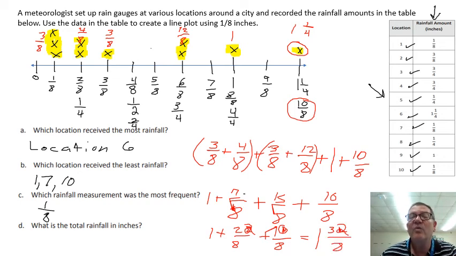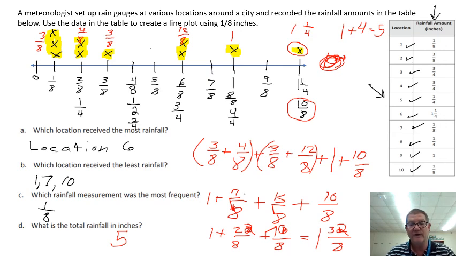Now we know 1 whole and 32/8, so 32 eighths. I know 8 will go into 32 4 times, because 8 times 4 is 32. So in all actuality, we have 1 plus 32 eighths, which was 4, so it equals 5. So the total amount of rainfall was 5. Okay?